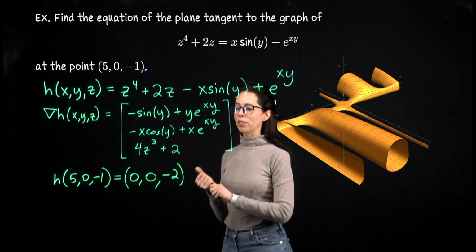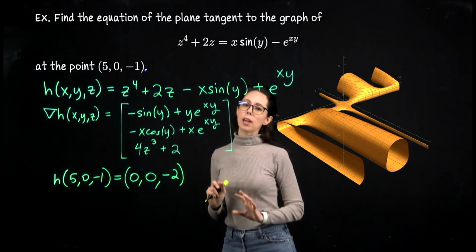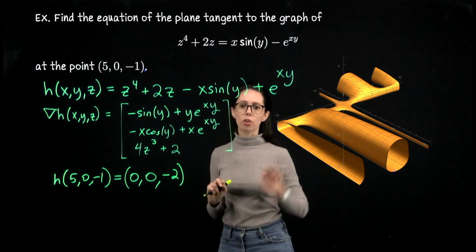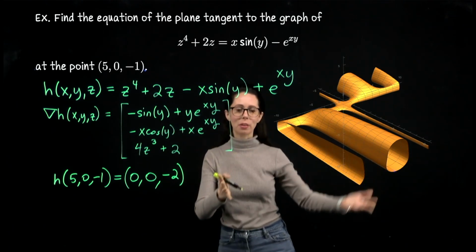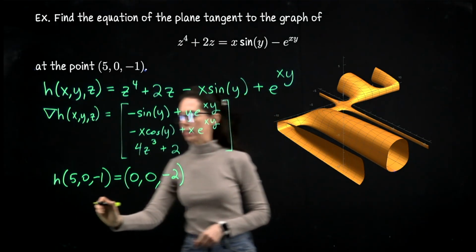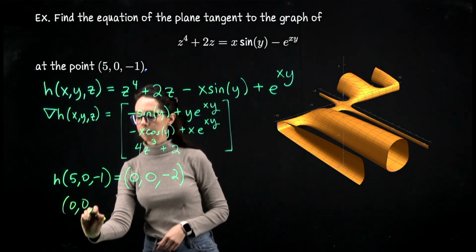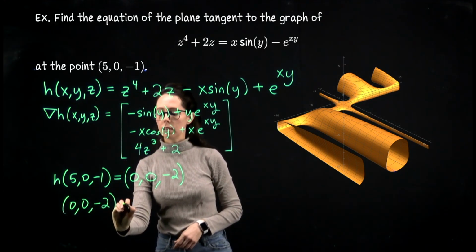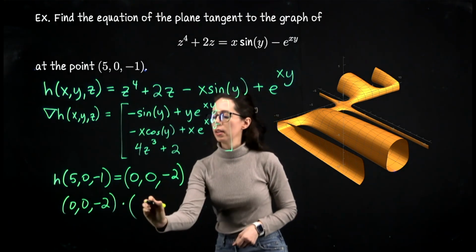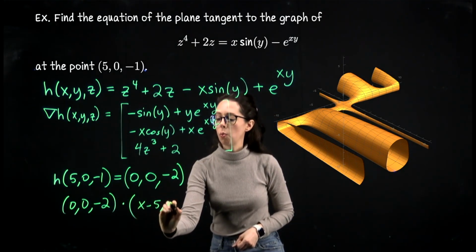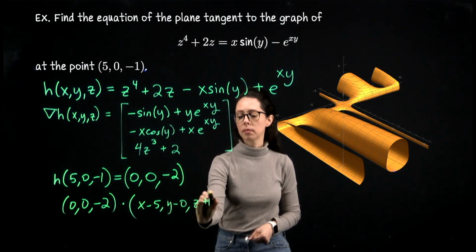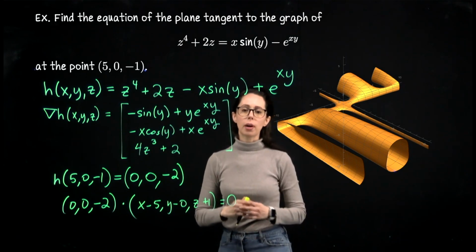Taking nothing for granted from these zeros, the vector dot product that we need in order to write down the equation of the plane tangent to the graph of this equation, this yellow surface, at the point 5, 0, -1, is this orthogonal vector dotted with x, y, z minus the point 5, 0, -1. So that's x minus 5, y minus 0, z plus 1, z minus -1. This dot product needs to be 0.